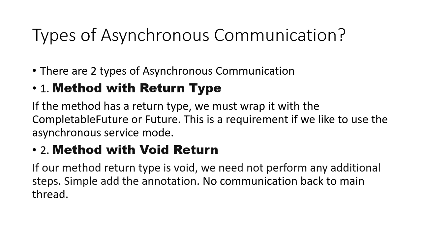You are running one long running execution and finally you want to return the result back to the main thread. So this is one possibility. The second possibility is a method with void return. Your long running execution method doesn't want to return the result back to the main thread or the previous caller method.